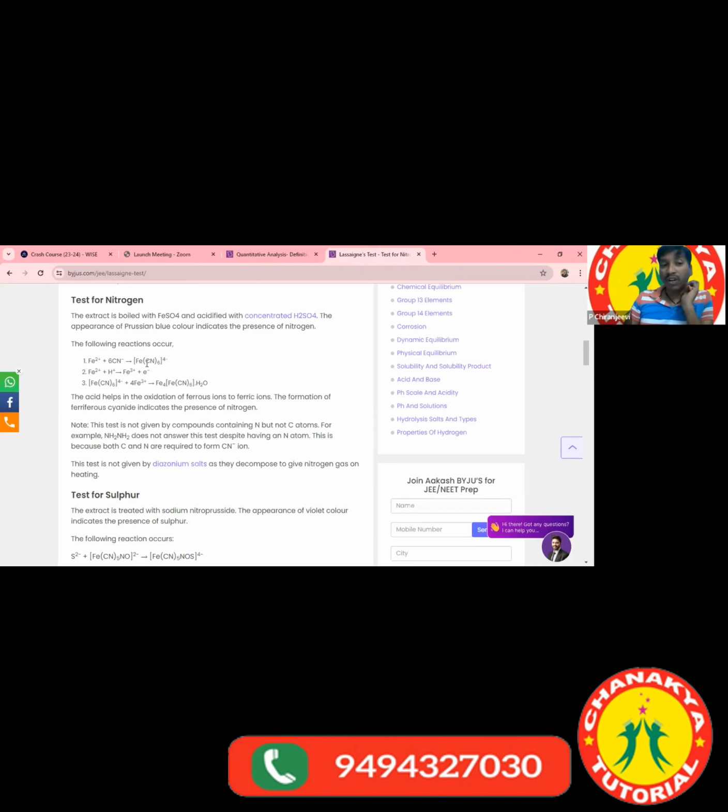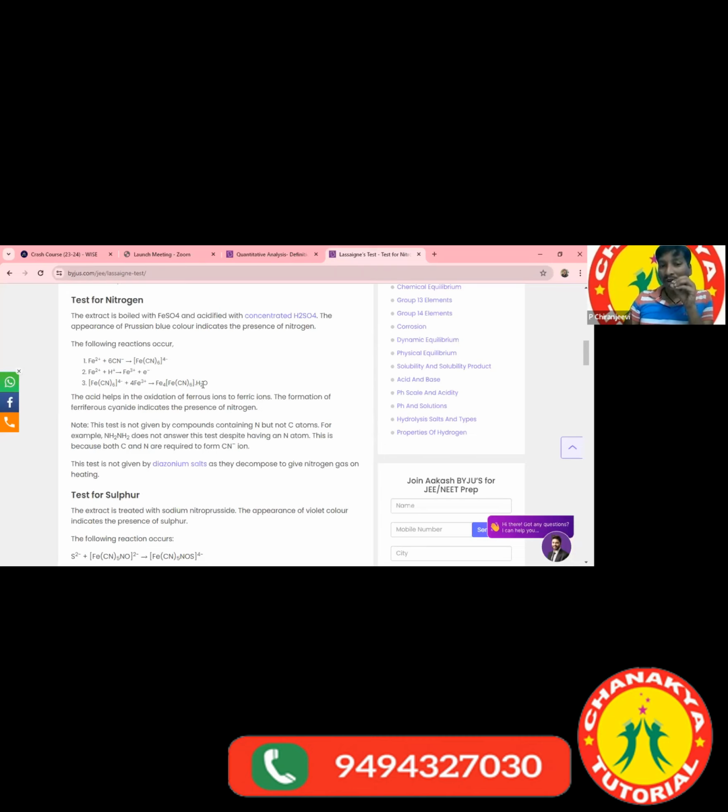It is converted into ferrous hexacyanoferrate, Fe(CN)6. The iron cyanide that is formed is then treated with excess of ferric ions in the presence of dilute sulfuric acid, and finally it gives us a Prussian blue color.